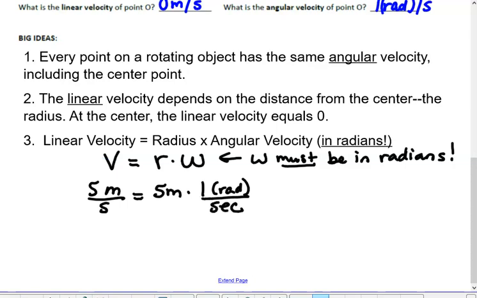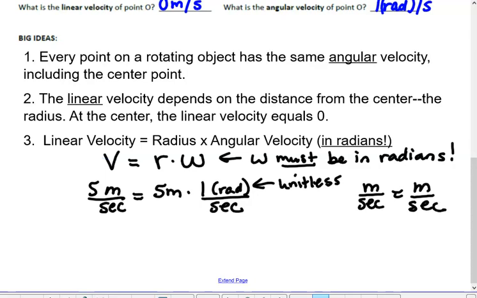I wanted to illustrate, remember that radians are a unitless measure, which means that the units match on both sides of the equation. We have meters per second on both sides of the equation.